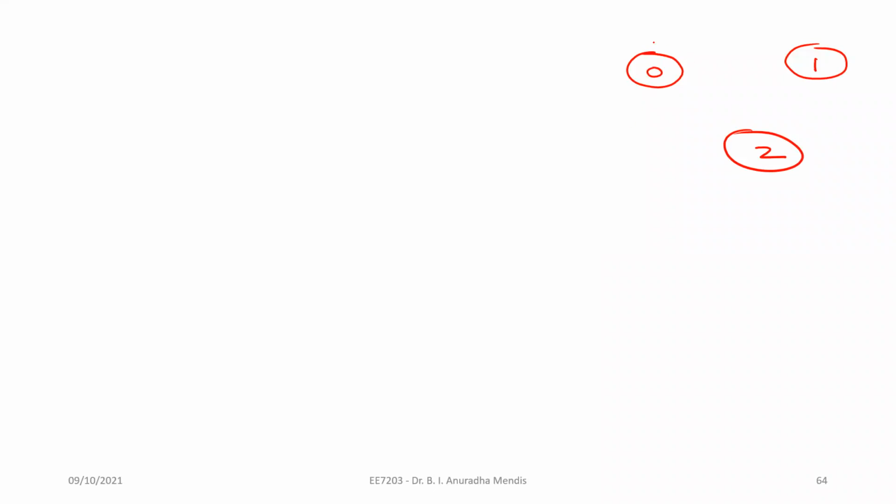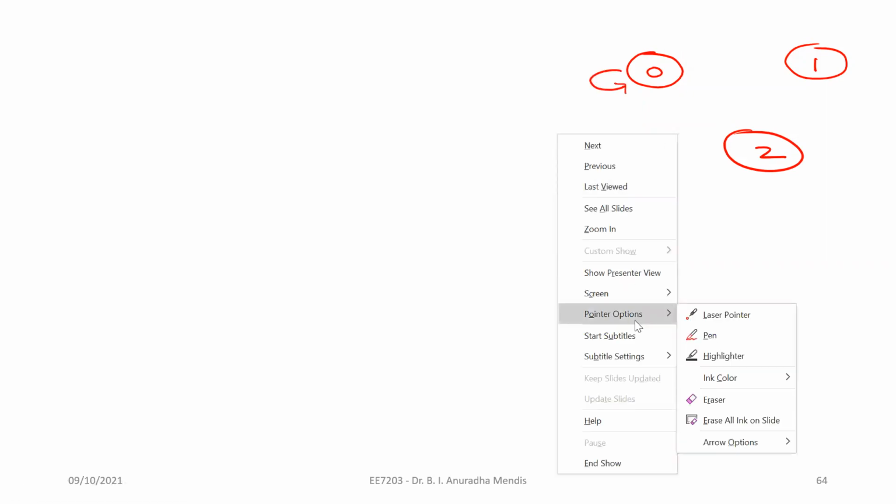So this one has a self-transition probability, and the others also have self-transitions, and 0 goes to 1, 1 goes to 2, and 2 goes to 0, and 1 can go to 0, and 0 goes to 2.